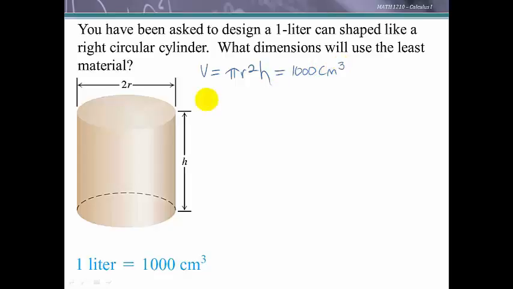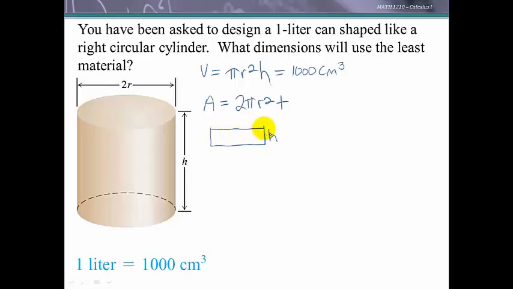Now what we're interested in doing is minimizing the surface area. We'll call it A. What do we need to make the can? We need something to make the bottom. That's a circle, pi r squared, and then the top will be the same, so we have 2 of those. Plus we need material to go around the sides of the can. If you cut this and opened it out, think of a label off a can, it would look rectangular, and it would be h high.